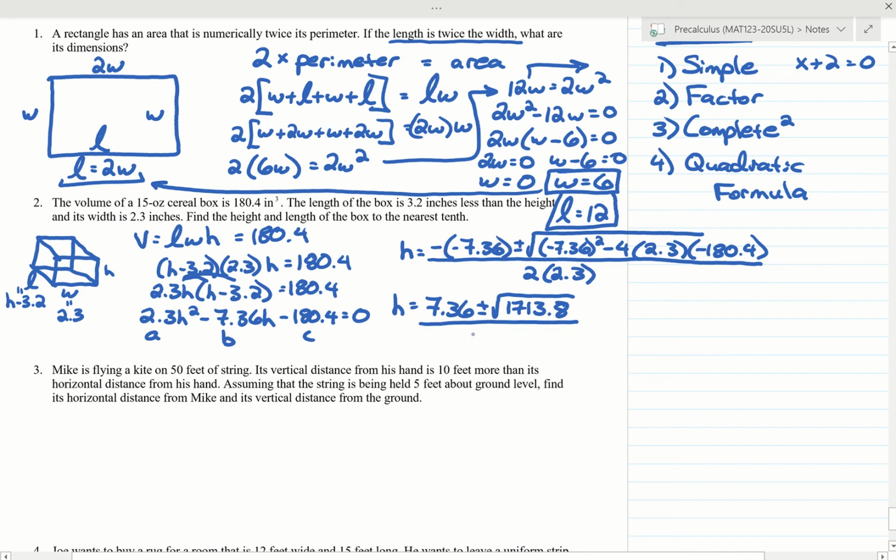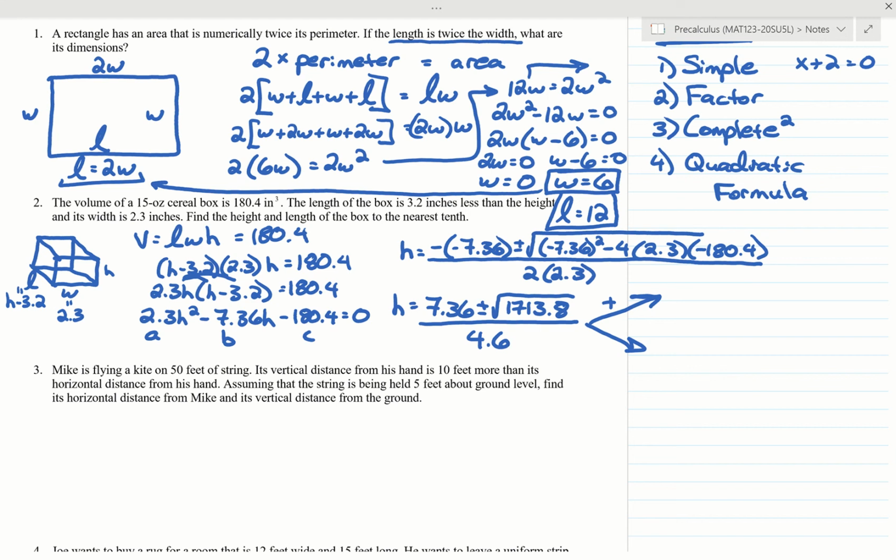We're going to divide that by 4.6. So we'll get two answers here. One if we add, so I'm going to type 7.36 plus the square root of 1713.8, and I'm going to divide that answer by 4.6.